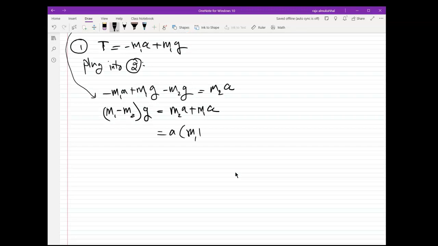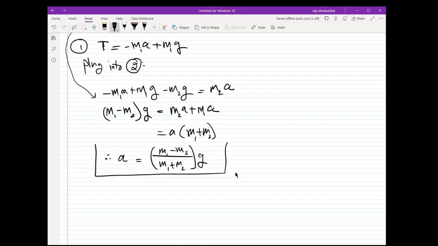So I have m1 plus m2, and then finally, therefore, a is equal to (m1 minus m2) over (m1 plus m2) times g. And that's a famous relation that describes the acceleration of the Atwood machine. There we go. You got it? Okay.